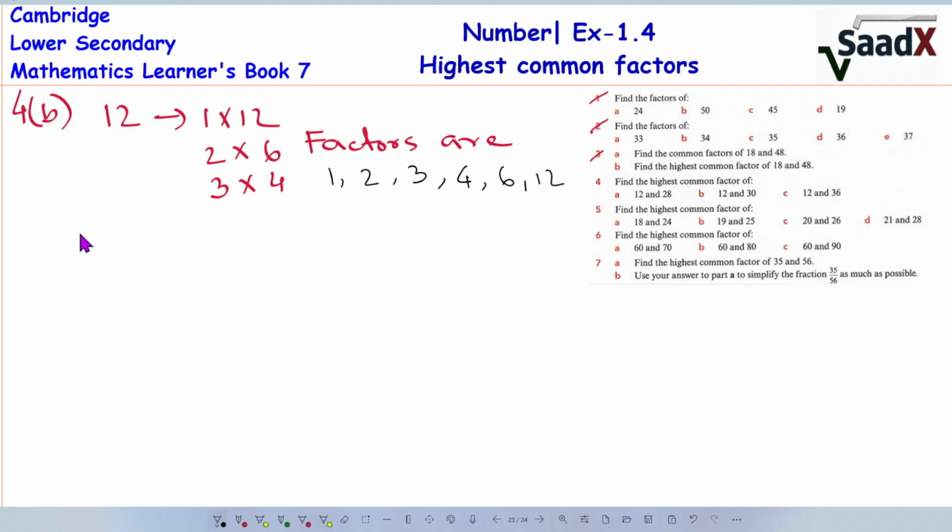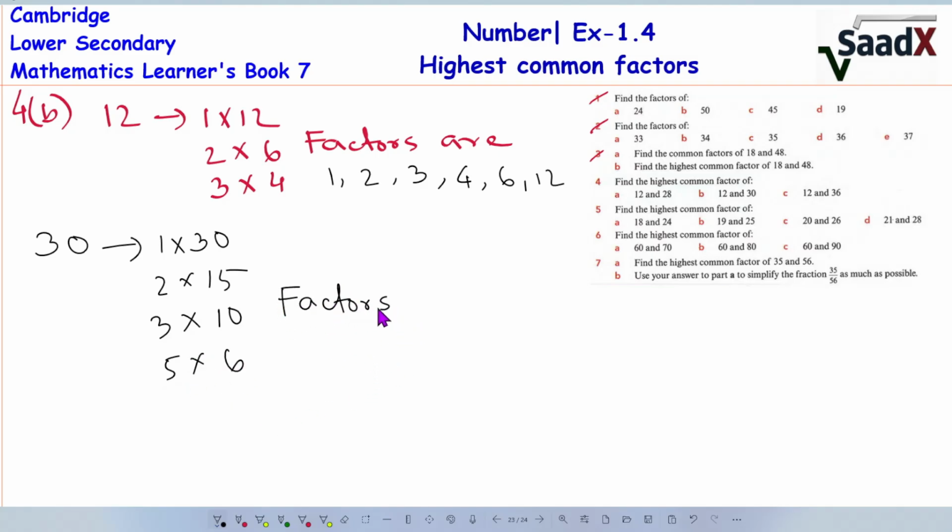Then we will find out the factors of 30. 1 times 30, 2 times 15, 3 times 10, 5 times 6. So factors are 1, 2, 3, 5, 6, 10, 15 and 30.